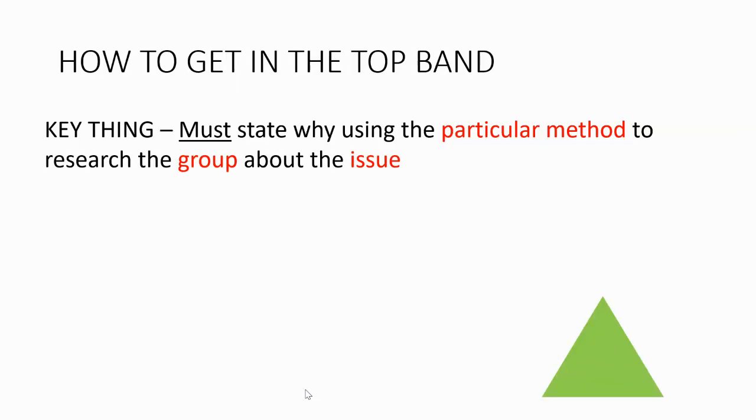As I said, what you need to do to get into the top band is triangulate these ideas. Your paragraph has to say, using this very specific method to research this very specific thing, we're using these very specific people. These are the strengths and weaknesses. Now, if you weren't to do that at all in your answer, you can still get in the region of say 12 marks from a research methods point of view, but you would be struggling to get towards those higher marks.